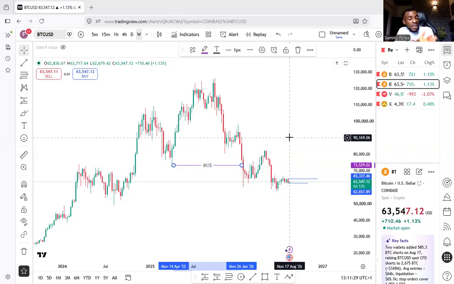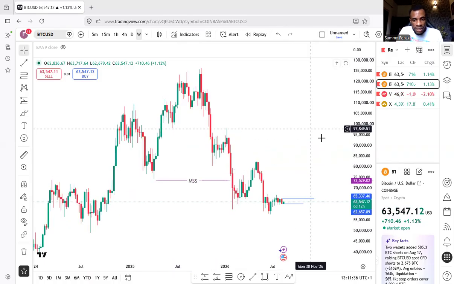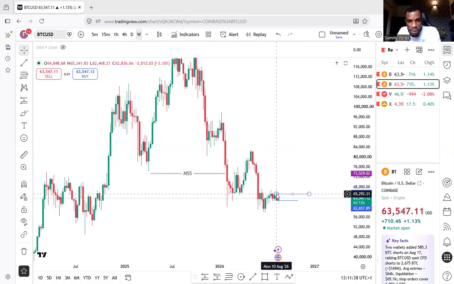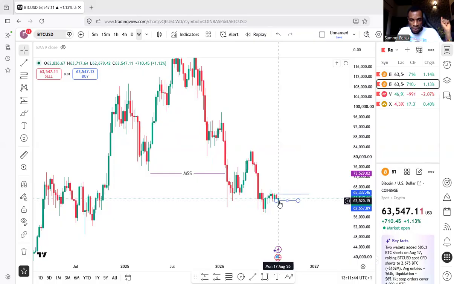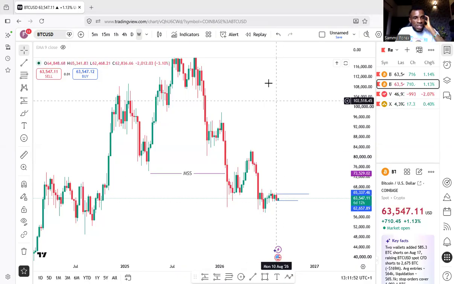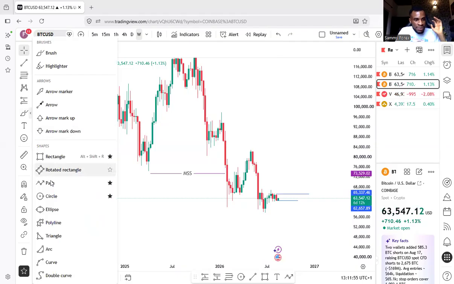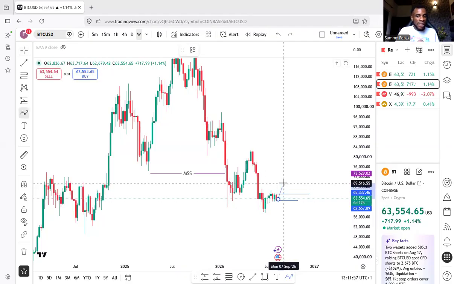Now the weekly time frame shows us a downtrend. These two areas mark the previous weekly high, this is it, and the previous weekly low, this is it. If the market goes up like this, breaking out from the previous weekly high, it continues to go up.